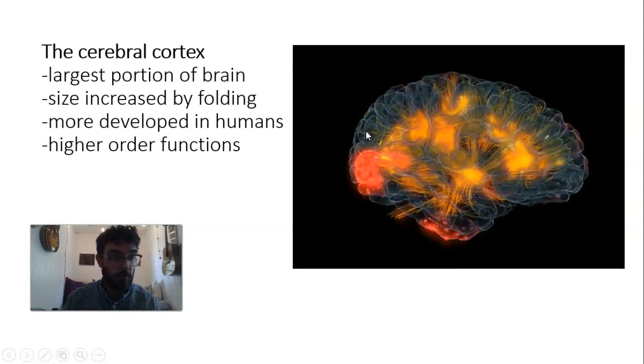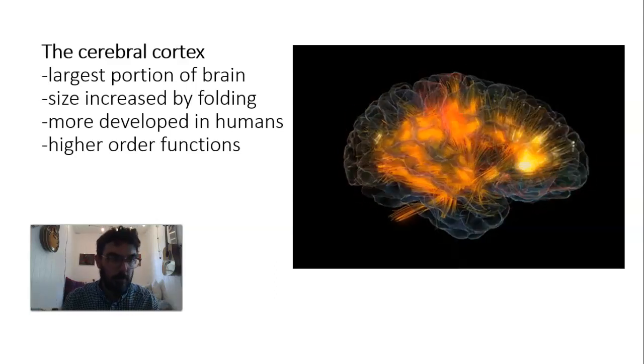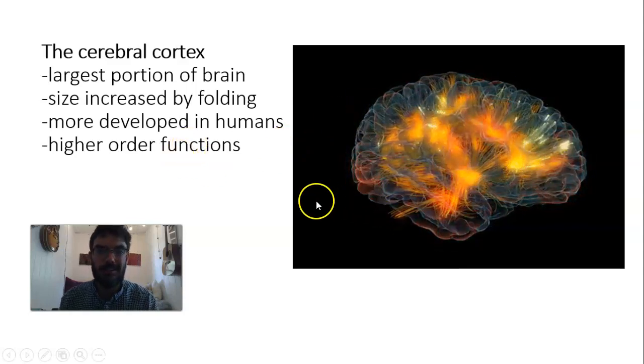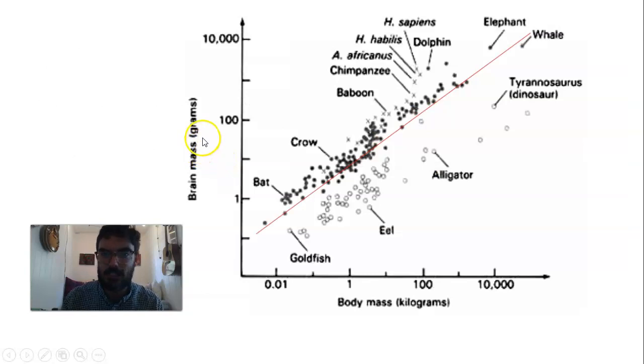Why would we want to fold it? Surface area. And this is where we do all of our higher order functioning, like reasoning and decision making, stuff like that. So if we were to look at the overall size of the brain, most of it's about the same for most species. The big point where we diverge is in the size of our cerebrum or our cerebral cortex.